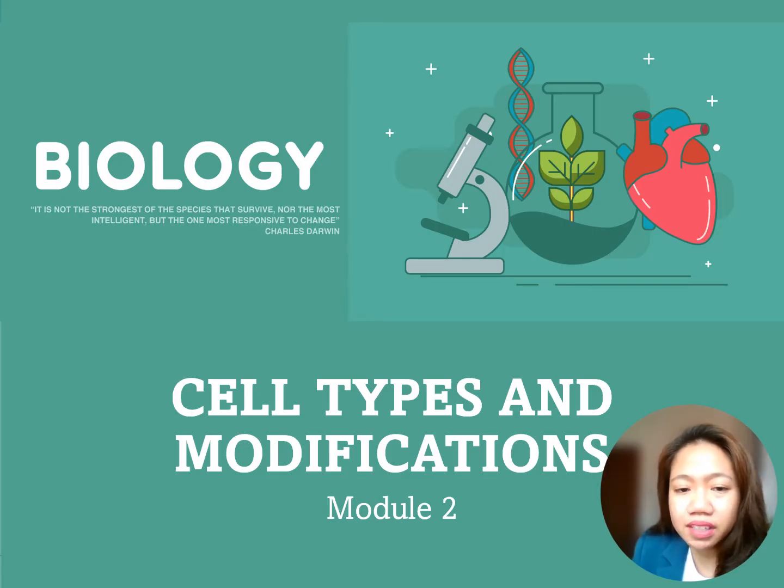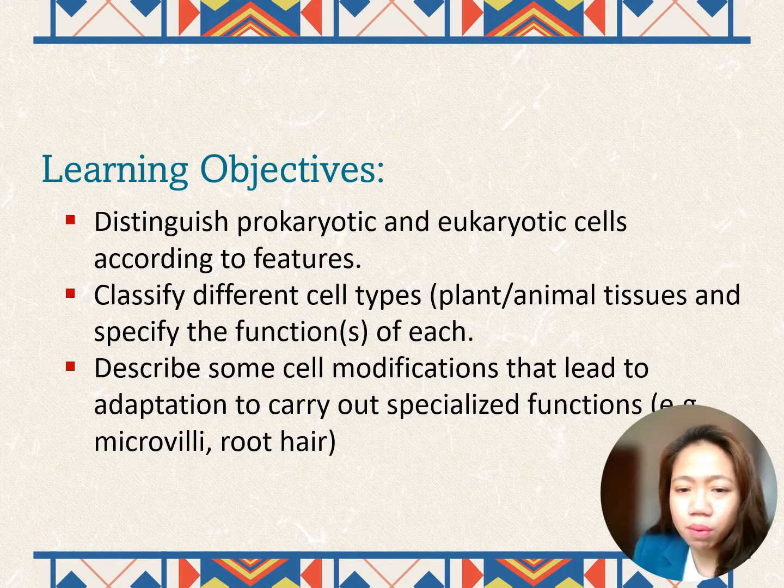Alright, so here is the title of our module, Cell Types and Modification. For our learning objectives, they are as follows. Number 1, we will be distinguishing prokaryotic and eukaryotic cells according to their features. From the previous discussion of Module 1, eukaryotic cells have been discussed in detail, so we gave the organelles.